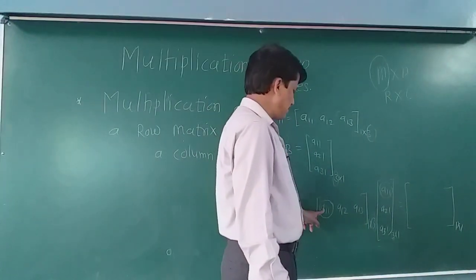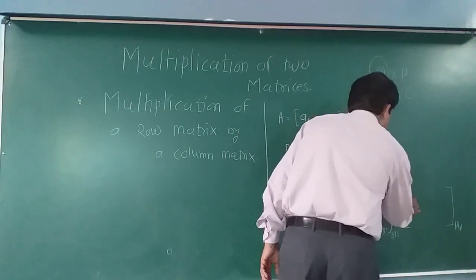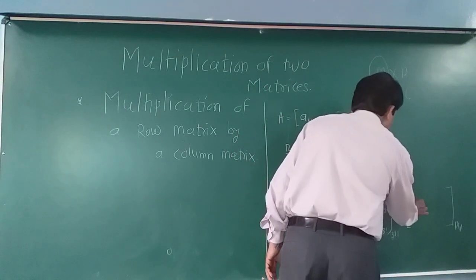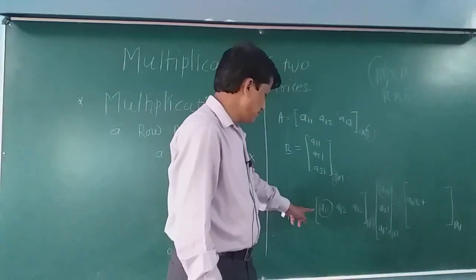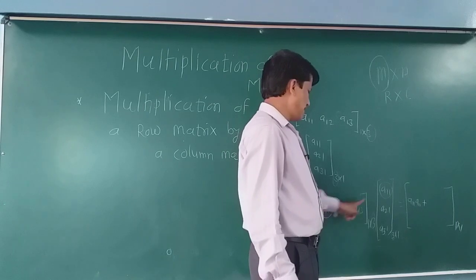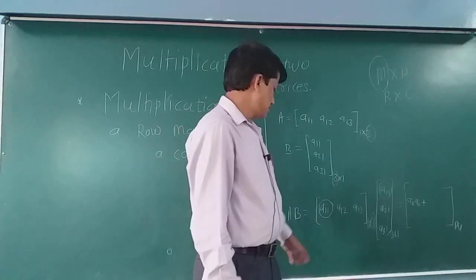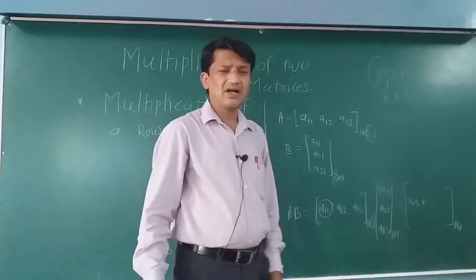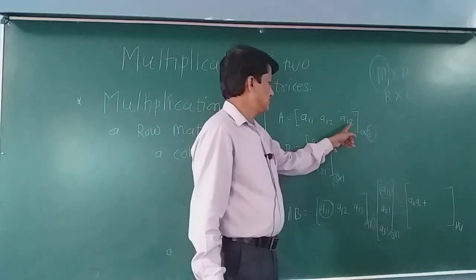Multiply this number with this, which means A11 into A11, plus this number first multiplied by this number first. Okay, second number, or in the reference book, A11, A12, A13.